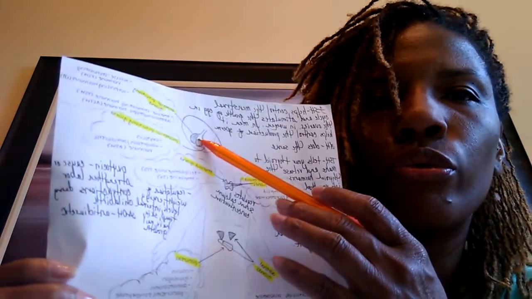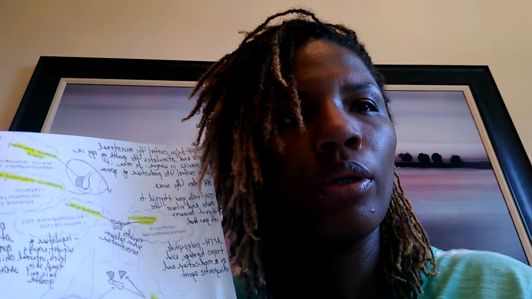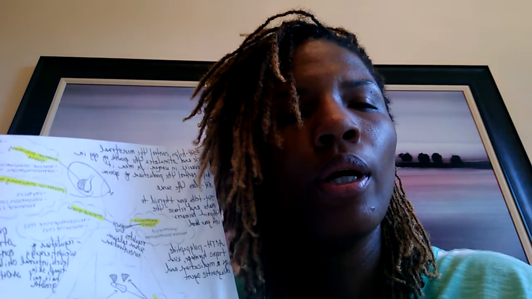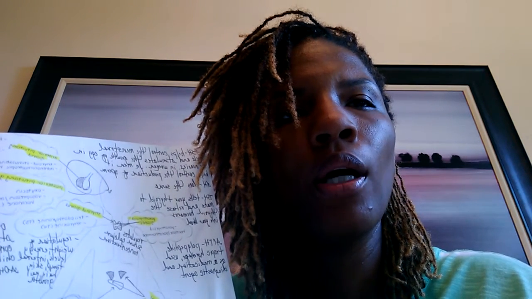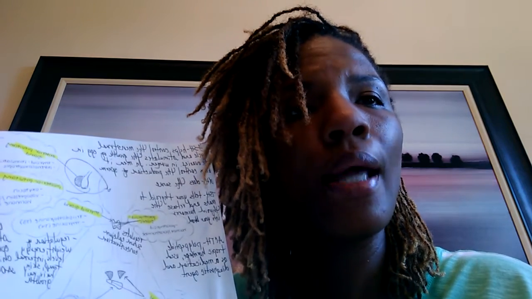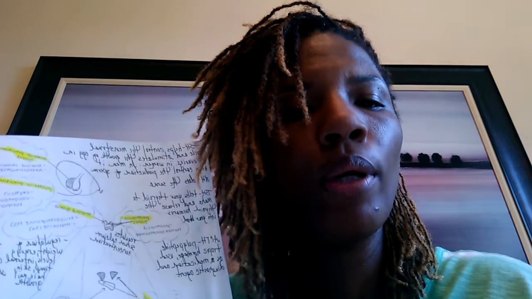That's how I drew it out. And these are the 6 hormones from the anterior pituitary gland. The first hormone is the thyroid stimulating hormone, and it secretes the thyroid hormone.